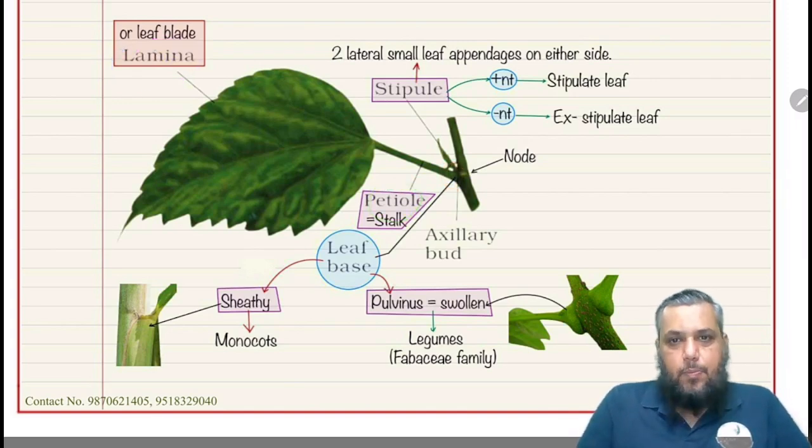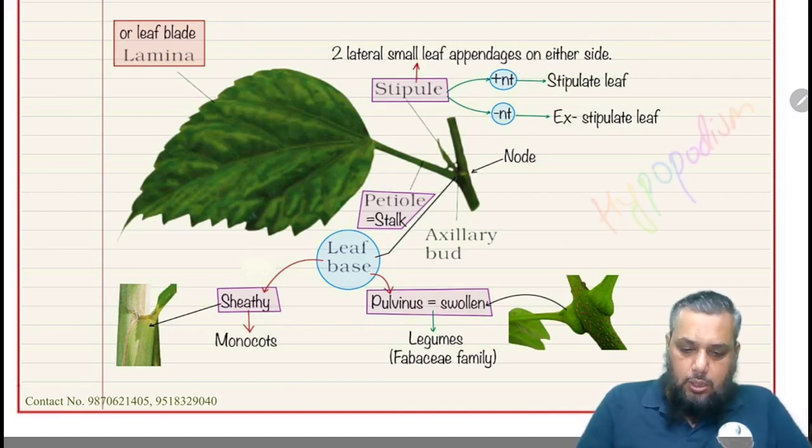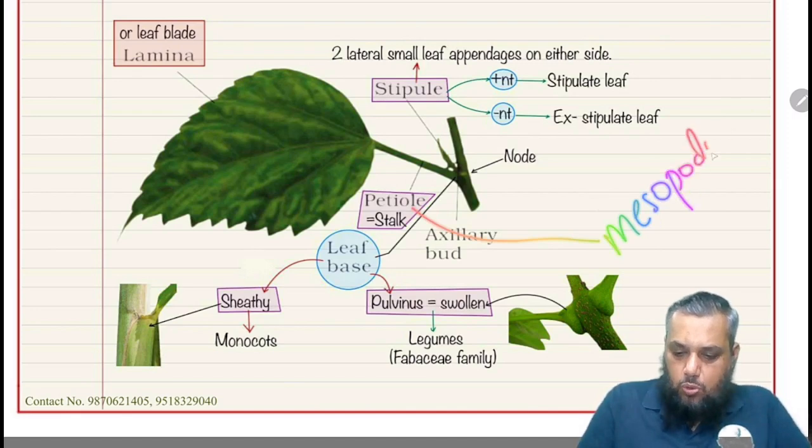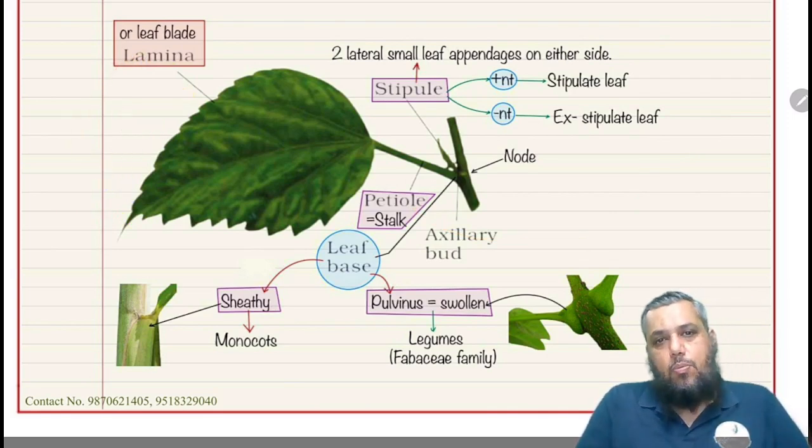The leaf base is called the hypopodium. The petiole is called the mesopodium. And the lamina is called the epipodium. So you have the hypopodium, mesopodium, and the epipodium.